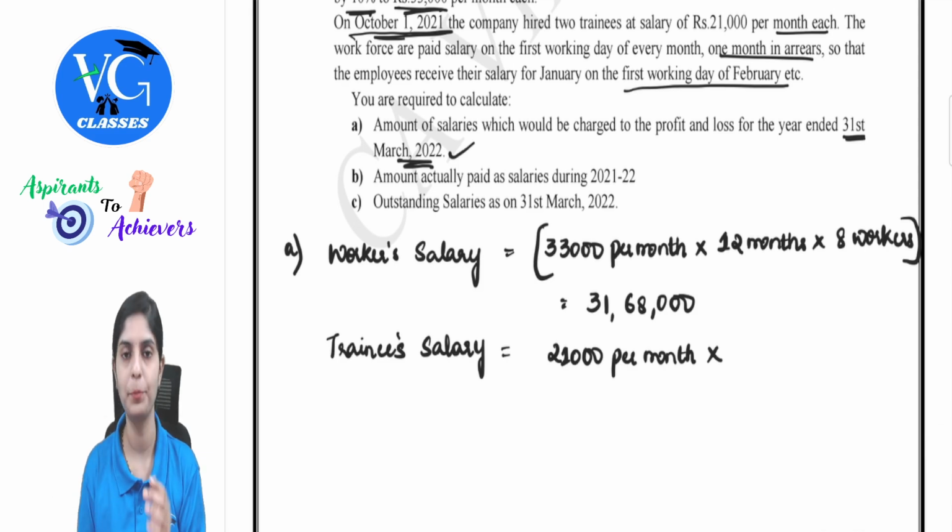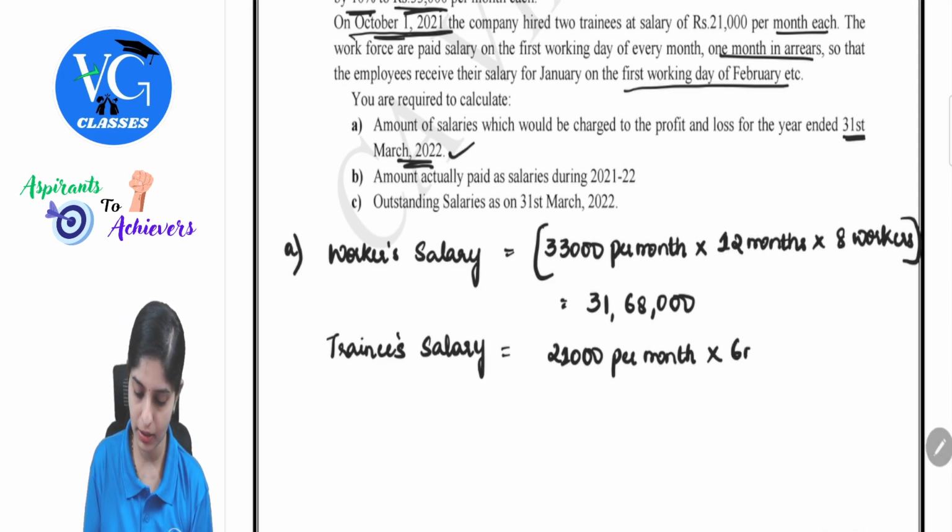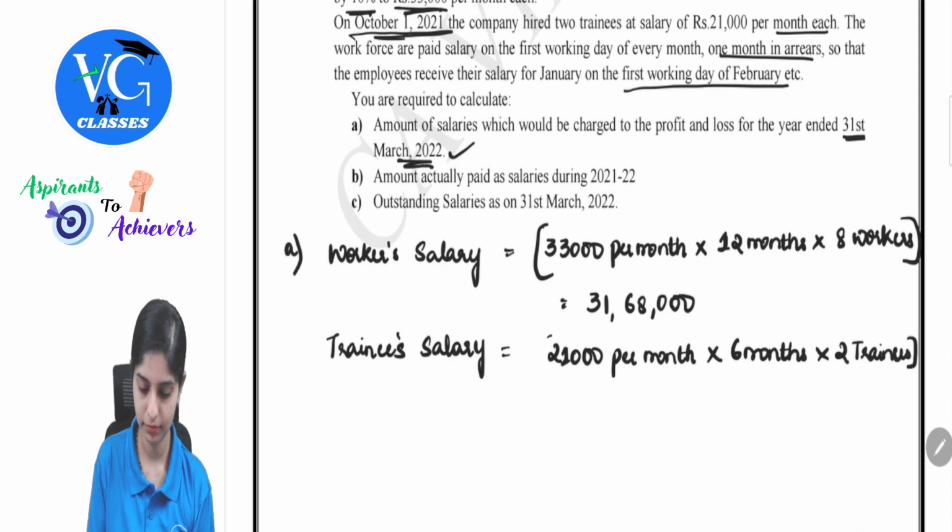So, be careful here. How many months? October, November, December, Jan, Feb, March. So, for 6 months into, there were how many trainees? 2 trainees. So, this will be how much? 21,000 into 6 into 2. This will be 2,52,000.